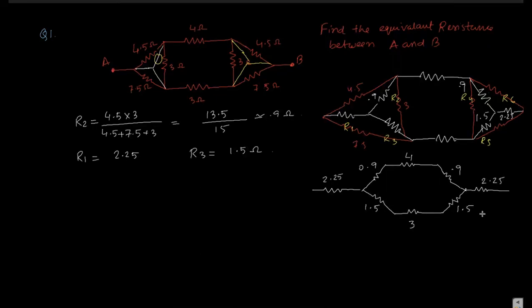Now can you calculate this equivalent resistance? What is the equivalent resistance? So 2.25 is there. Here is also another 2.25 and 2.25. Now 0.9 and 4 are in series, so it is 1.8 plus 4 is equal to 5.8.